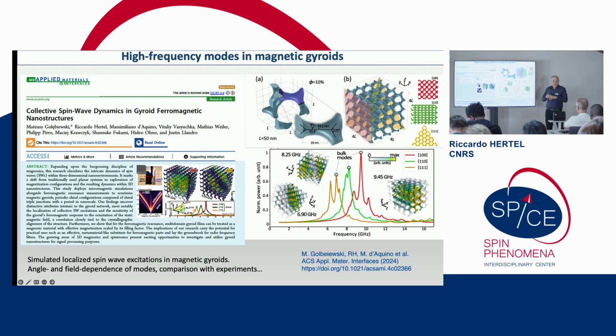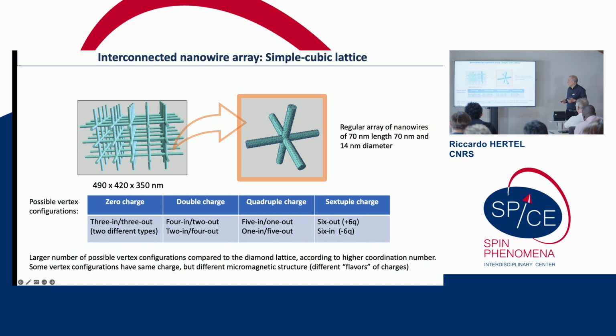Even though they are thick, they have a macroscopic aspect ratio, which is really huge and which we cannot consider in the simulations. So there is this microscopic feature that is responsible for the local ordering of the magnetization in the gyroid, and a macroscopic aspect that is due to the shape of the gyroid itself.